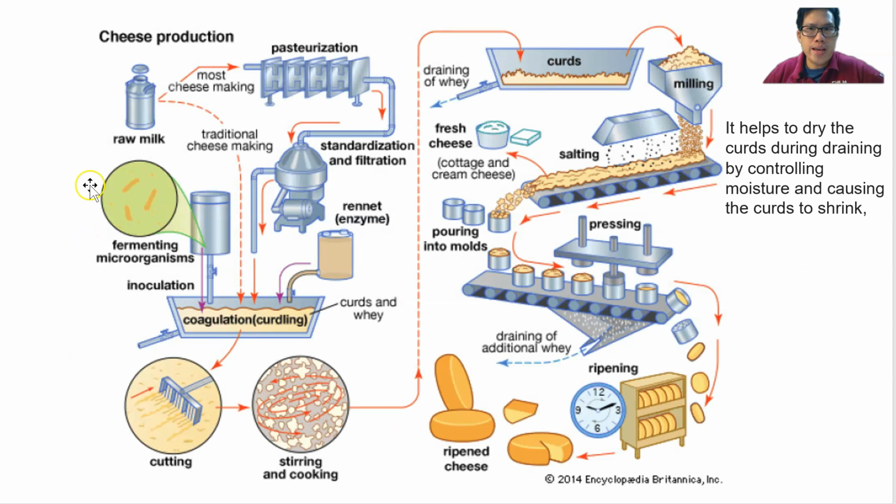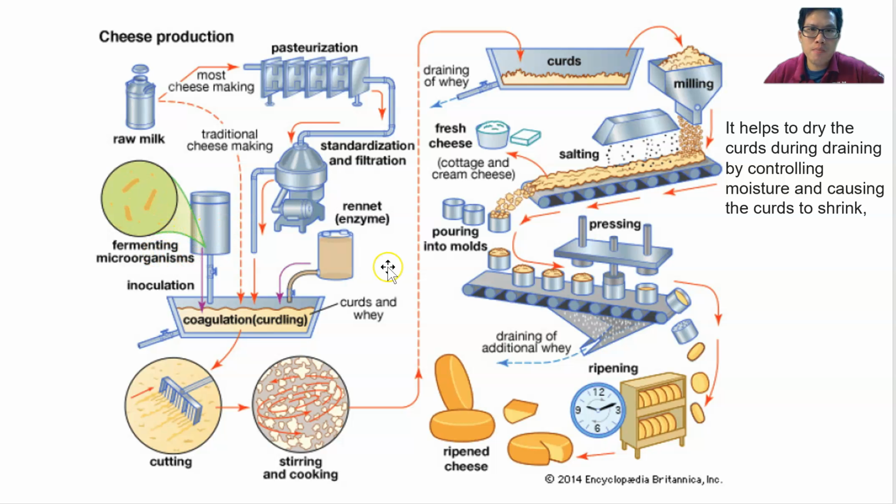So here is the illustration. We have raw milk, which is pasteurized. Usually milk will be required to go through pasteurization. That is a standard industrial practice to prevent foodborne diseases. They will usually pasteurize and standardize the milk fat or proteins. Then this is the part where you can add rennet, or chymosin, or other types of fermenting microorganisms.